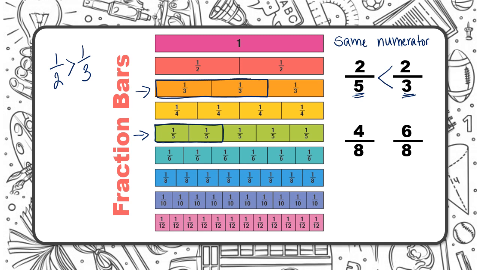What strategy might we use for this one? Well, the numerators are not the same because I have a 4 and a 6, but look at their denominators. You have an 8 and an 8. So we're going to use the same denominator strategy.